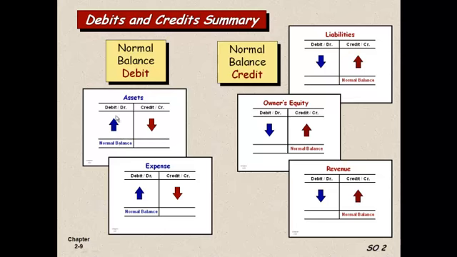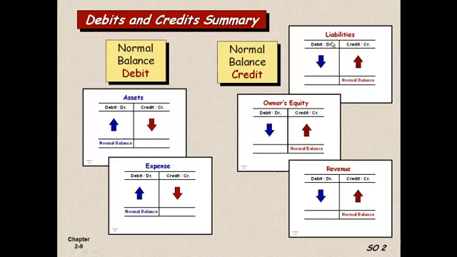Debits increase assets. Credits decrease assets. And the normal balance for each account is what increases it. So you'll see here, what increases an expense is a debit. So what increases that balance is the normal balance. Conversely, a credit decreases an expense.